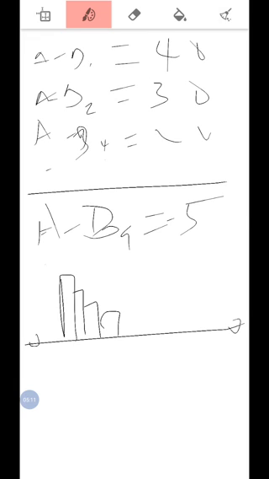This is the first period, second period, third period, fourth period, fifth period. In the sixth period it rose again, in the seventh period it fell, and in the eighth period it turned 0. The ninth period became minus 5.